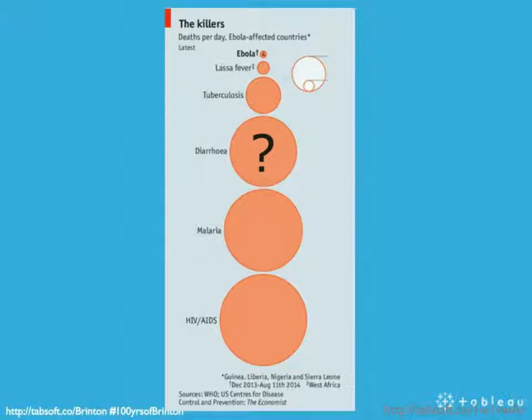He used optical illusions to illustrate it, and I'm going to illustrate that example with a modern version. This chart is from The Economist from August last year, and it shows deaths per day in Ebola-affected countries. And the point of the article that went with this was that, well, Ebola is really bad, but there are still really big diseases killing more people.